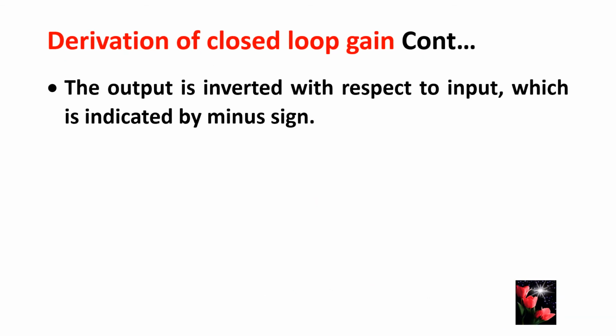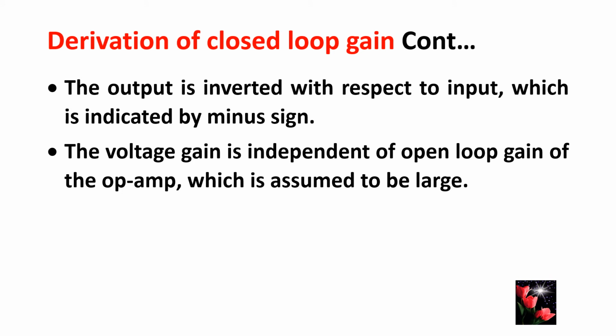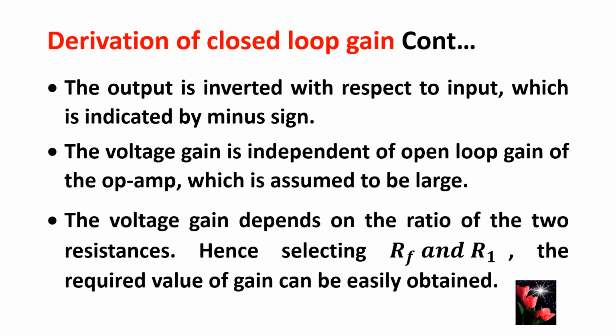The output voltage is inverted with respect to the input, which is indicated by the minus sign. The voltage gain is independent of the open loop gain of the op-amp, which is assumed to be large. The voltage gain depends on the ratio of the two resistances.